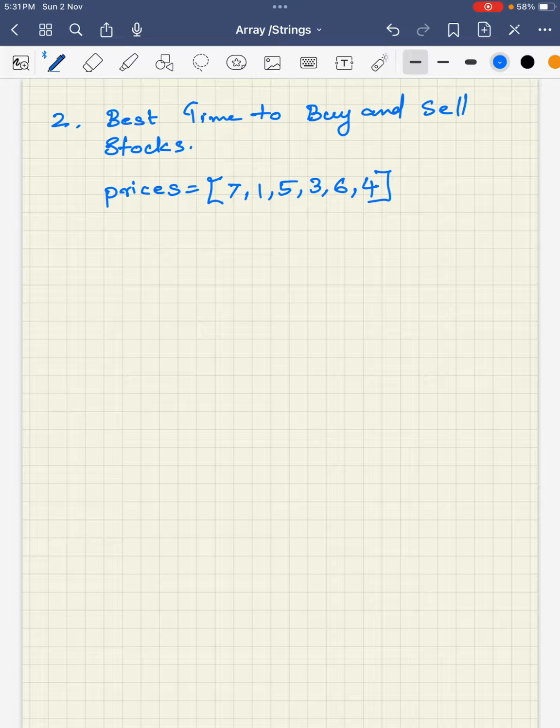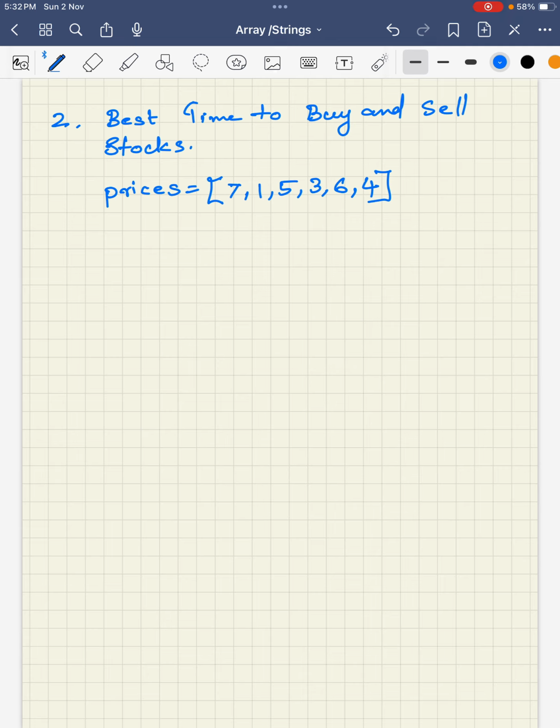What you are supposed to do is find those days at which one can choose to buy and sell such that the profit will be maximum, and I have to return that maximum profit that could be obtained from this information.